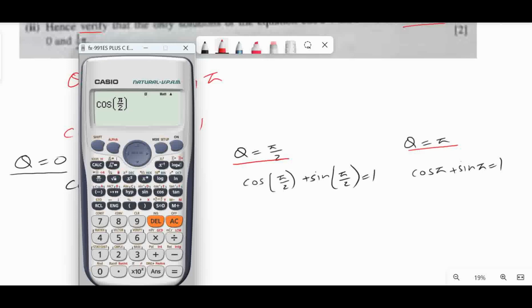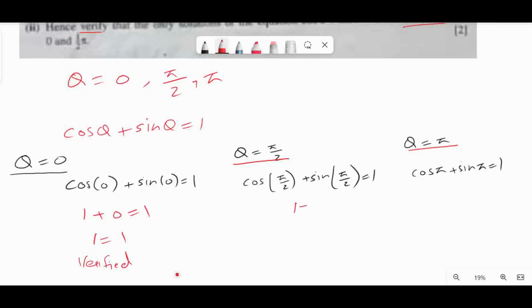Cos pi by 2 plus sine pi by 2. This will be equal to 1. So from here we can write 1 is equal to 1.